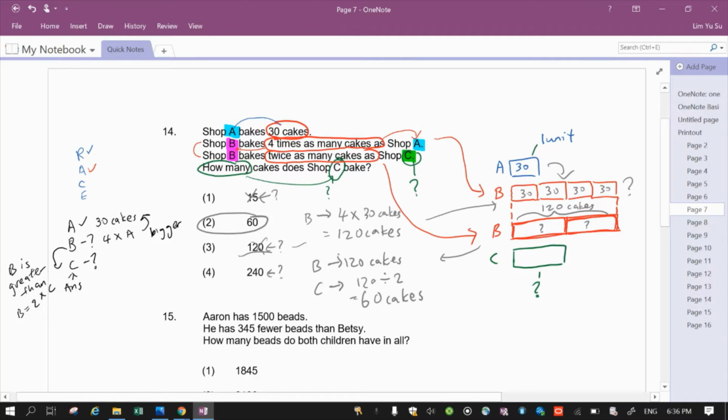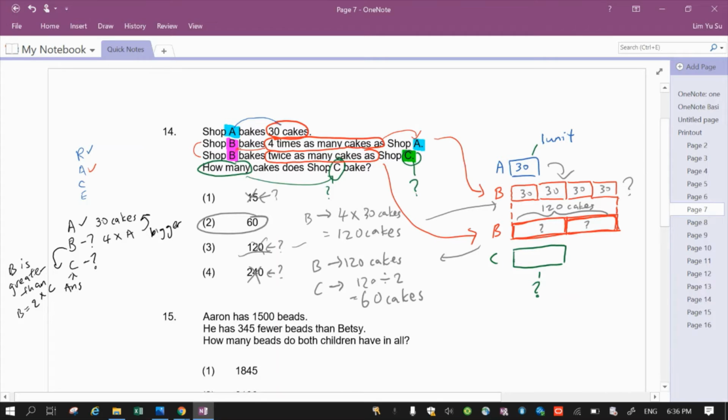And if you think twice, you put the relationship wrong. You thought C was the bigger number, and you do 180 times 2. That's how you got 240. So that's the explanation of the distractors that might have caused you to choose the wrong answer, because of these reasons why you thought they are the answers. So that's question 14.